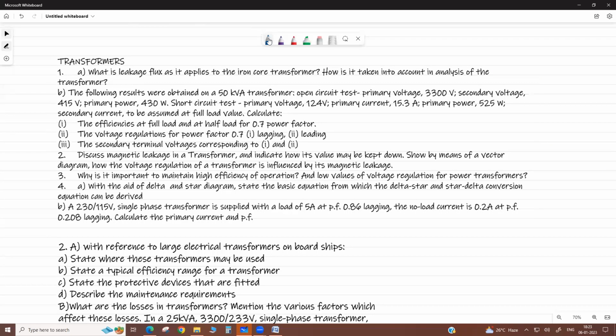They ask, what is the leakage flux as it applies to the iron core transformer? How is it taken into account in the analysis of the performance of the transformer?